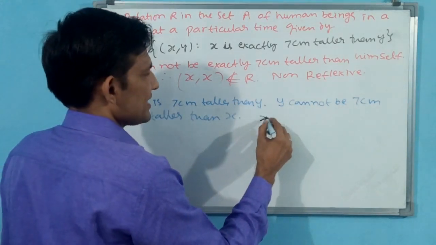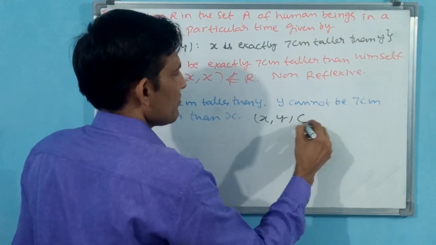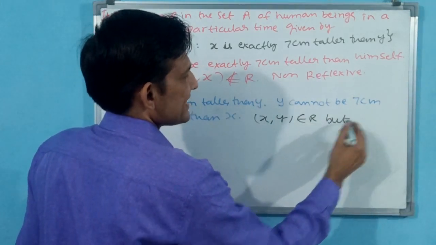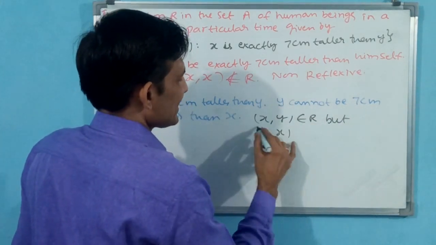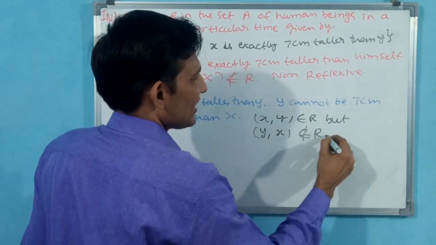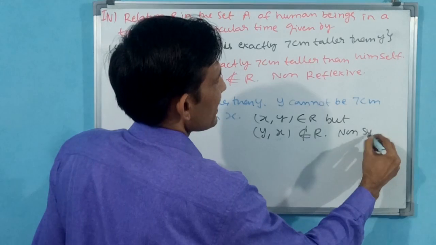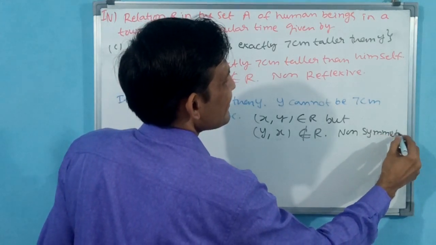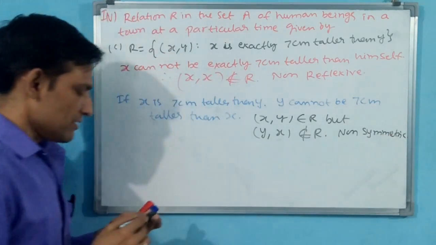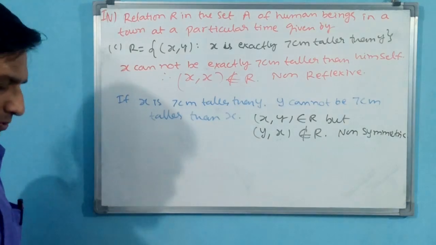How to write it? X comma Y belongs to R, but Y comma X does not belong to R. That is why non-symmetric. You understand how it has come.